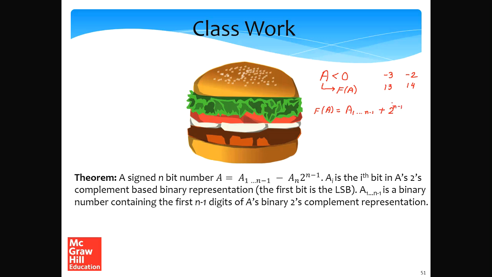The reason that I can write it this way is because for every negative number, the most significant bit is 1. So any number of this form will expand to 2 to the power n minus 1 plus something. Since the MSB is 1, I can write 2 to the power n minus 1 over here, plus the number formed by the rest of the bits, which is A1 to n minus 1.